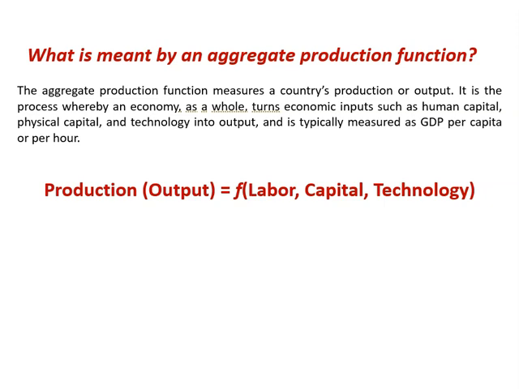So output or real GDP, for example, is a function of the inputs of labor, capital, and technology as shown on this slide. Then any ratio of output, divided by an input provides a measure of productivity, or if the ratio is output divided by a set of inputs, then that is known as multi-factor productivity, or total factor productivity.